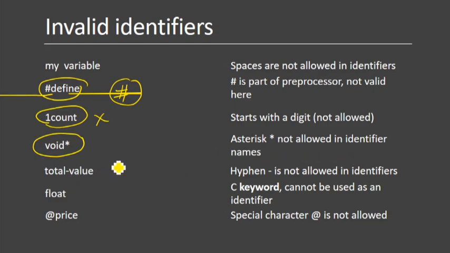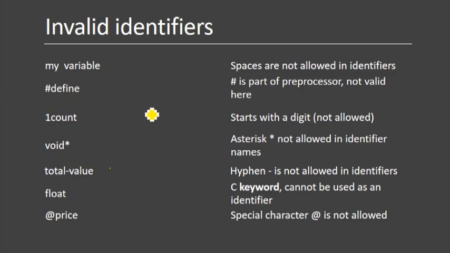Here, in total value a hyphen is given, so it is also wrong. You should write total underscore value. This is valid. And float is a keyword. I should not use it, for example, by writing int float equal to 10.